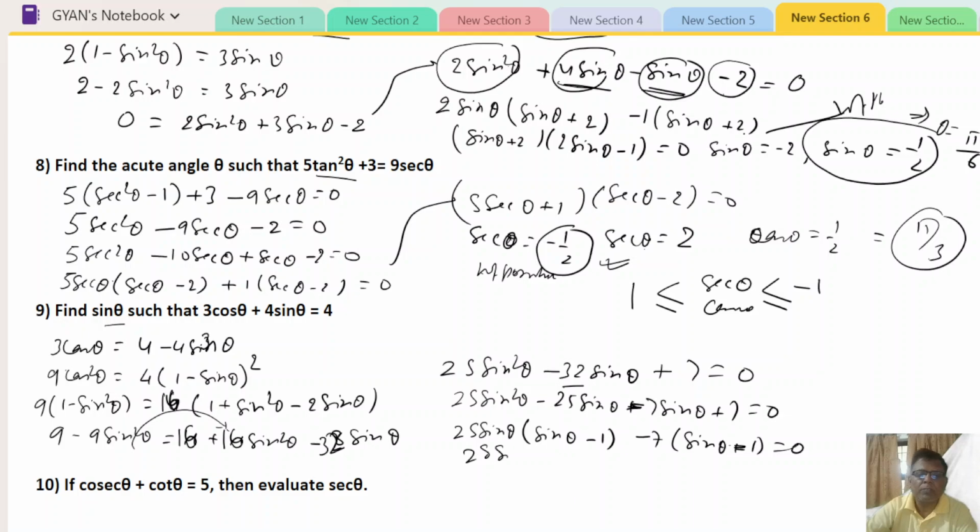So 25 sine theta minus 7 equal to 0, and sine theta minus 1 is equal to 0. So sine theta is equal to 1, and sine theta is equal to 7 by 25.